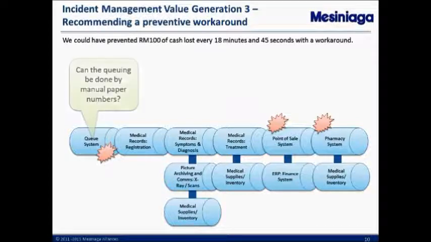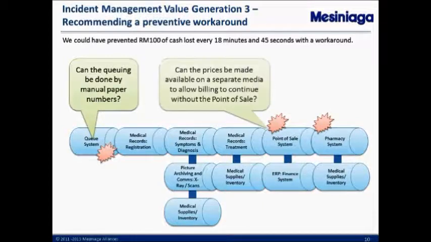value for the customer. Example 1, can the queuing system be done manually? Can we supply some sort of paper system in the event the IT system goes down? Can we have prices be made available at a point of sale system so that the customer doesn't need to wait indefinitely while the administrative staff figure out how much the treatment should cost?